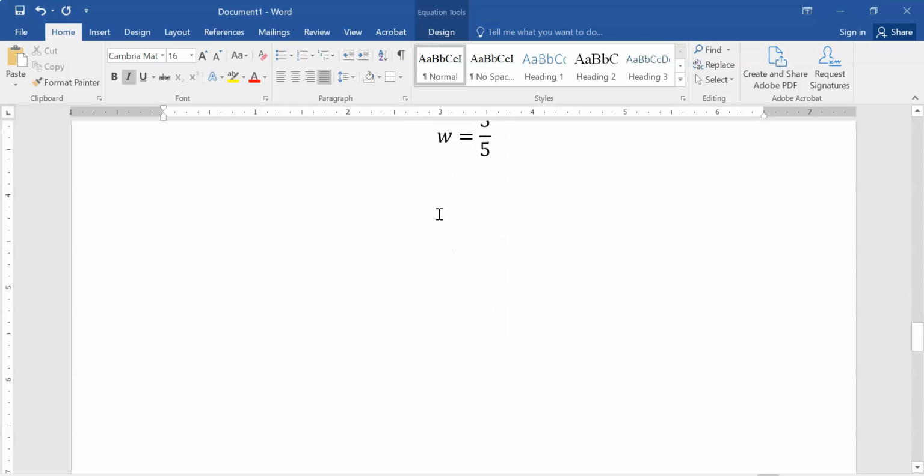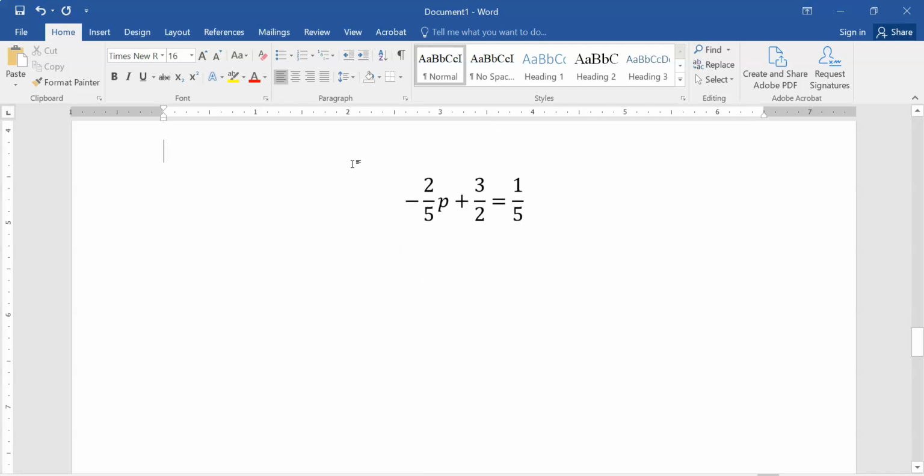All right, let me show you by example another equation that I can do that with. So let's take the next one: -2/5 p plus 3/2 equals 1/5. So we're going to do brute force clearing.